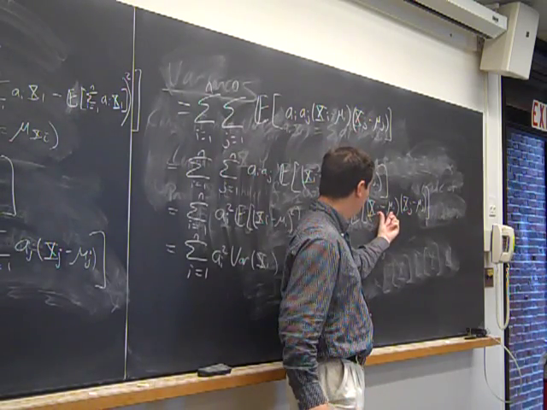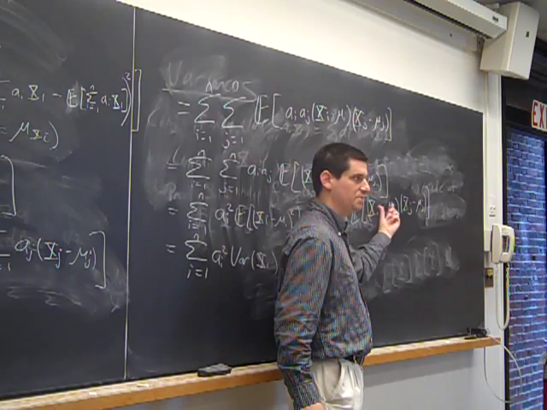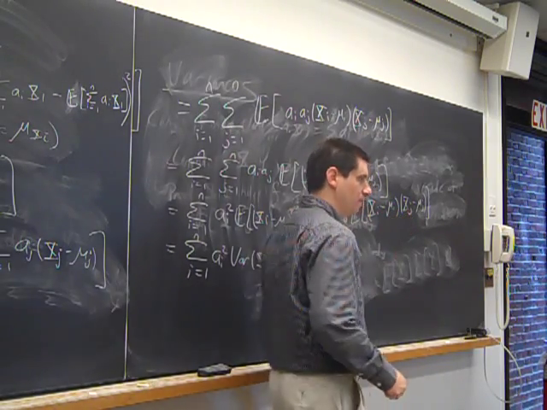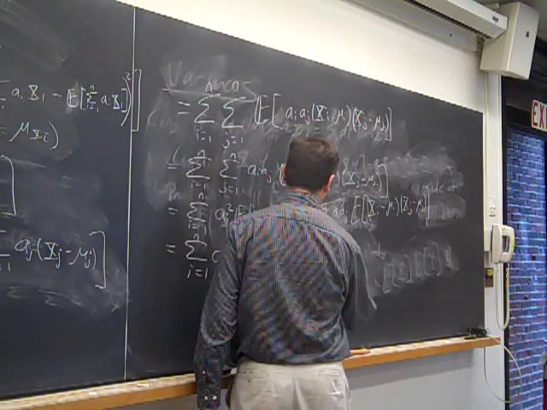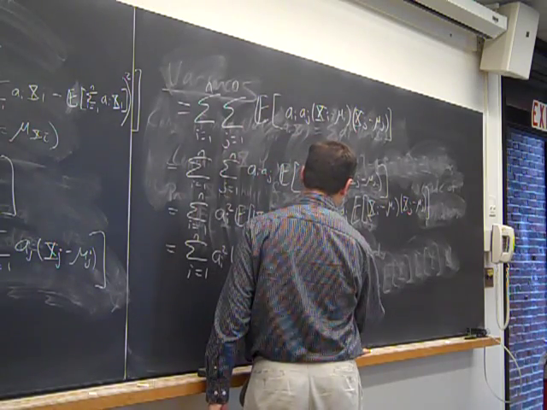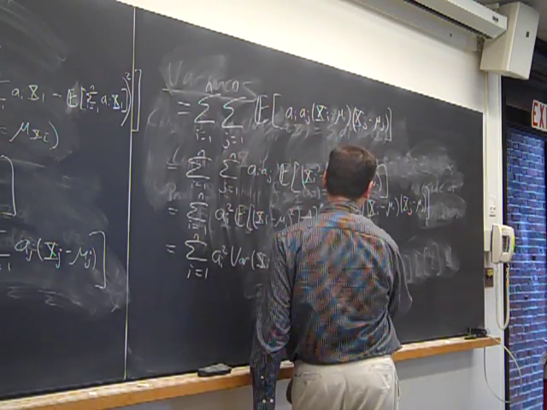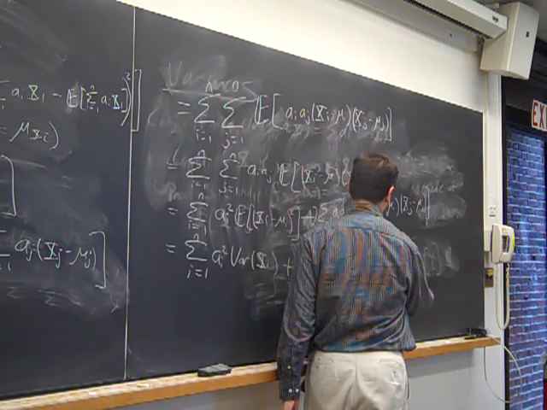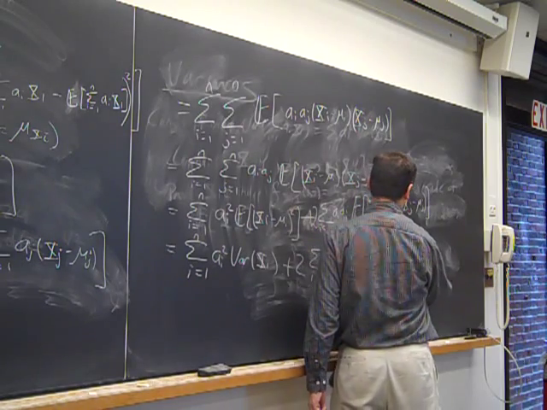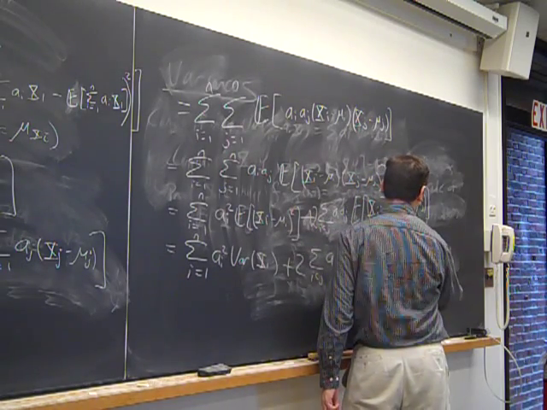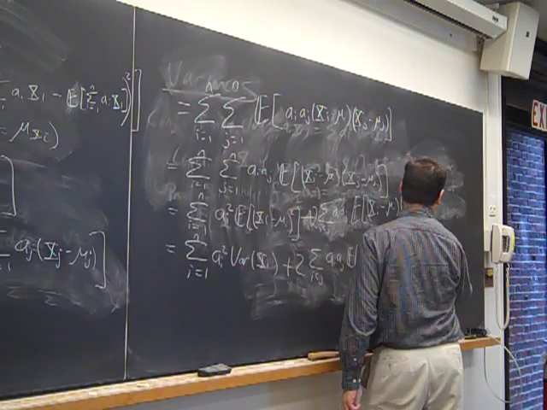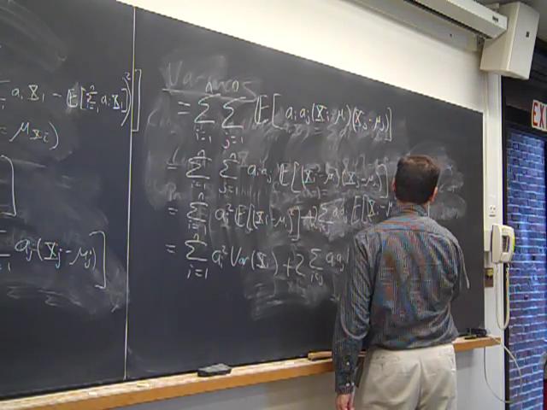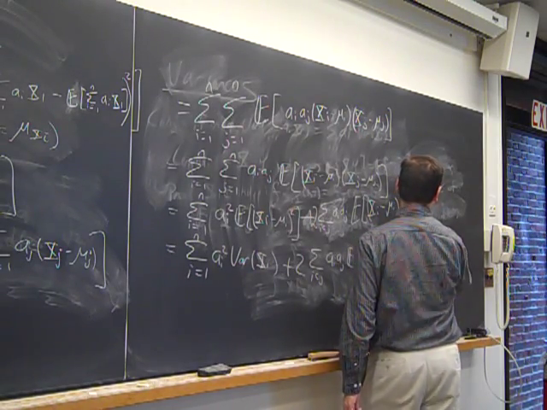Well, what's the expected value of X_i minus mu_i? The expected value of X minus its mean. So it's going to be 2 sum i less than j, a_i a_j, expected value of X_i minus mu_i, expected value of X_j minus mu_j. And this is because we're assuming it's independent.